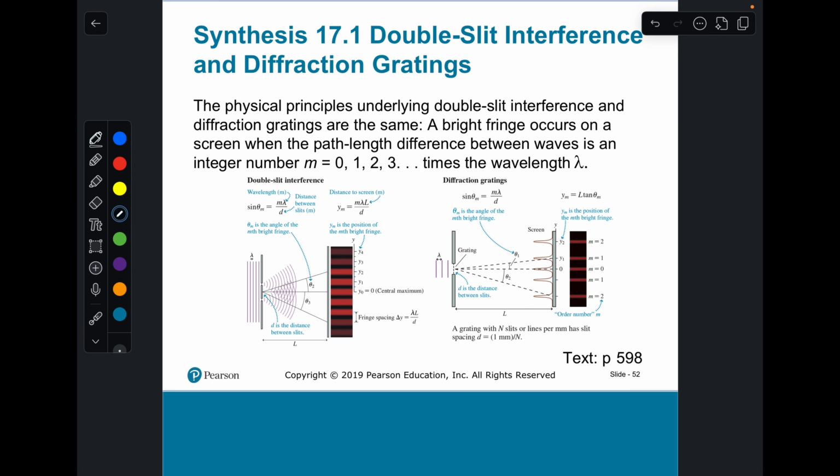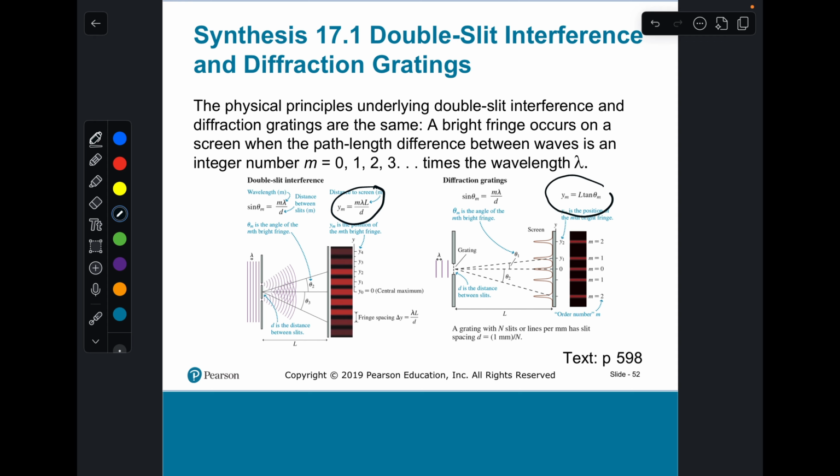So this is our summary or synthesis slide, and it shows you all the relevant equations for the double slit and for the diffraction gratings. And you'll notice the only difference between the two is the small angle approximation is used here to determine the distance between m equals 0 and the bright fringe m.